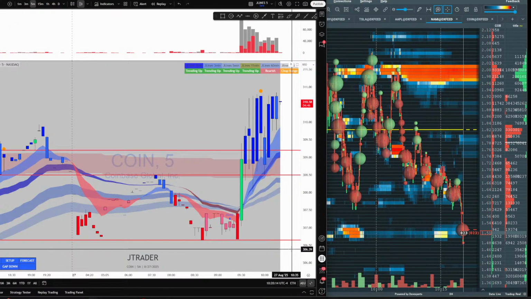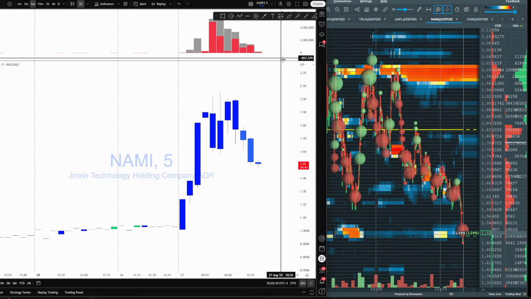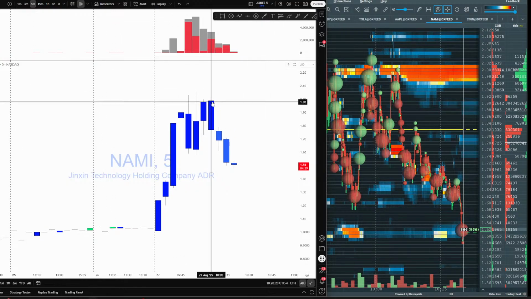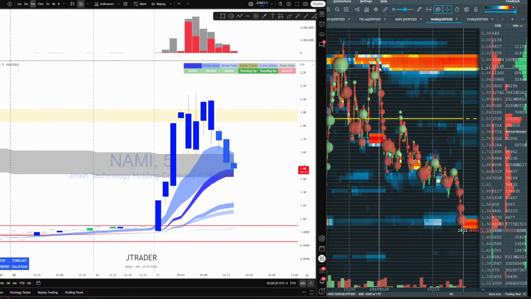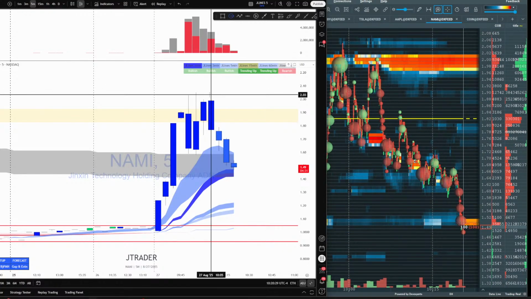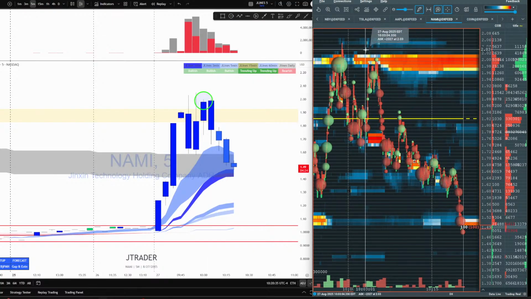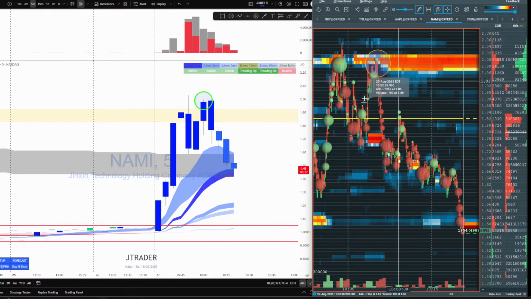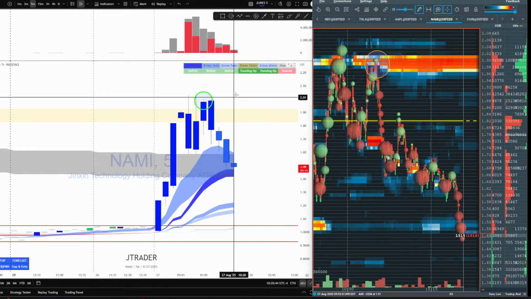So this is how small caps pump and dumps work. So here you see, I'm sorry, here you see guys the $2 level. Check the big heat map rejection. This point and this point here. That's how simply you trade them, okay?